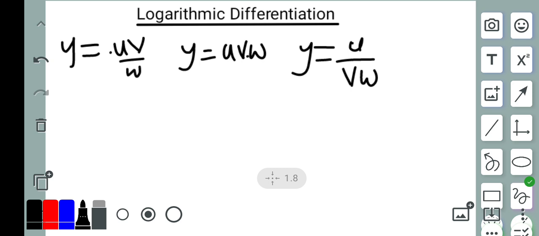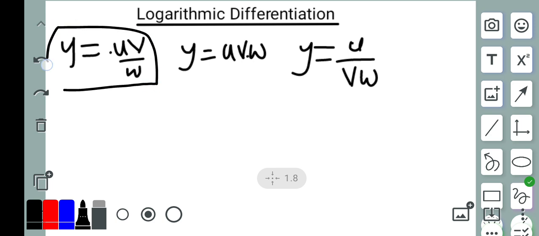In this case you cannot use just the product rule or just the quotient rule, because it is a combination. When you have three different functions you can use the product rule, like we did in our last video, but you can also use logarithmic differentiation. So how do you go about this problem? Let's quickly check it out.